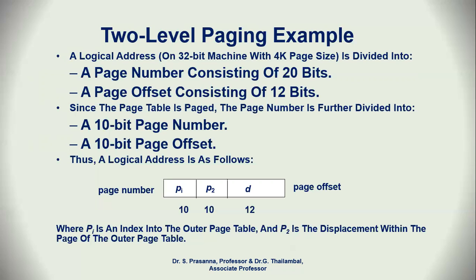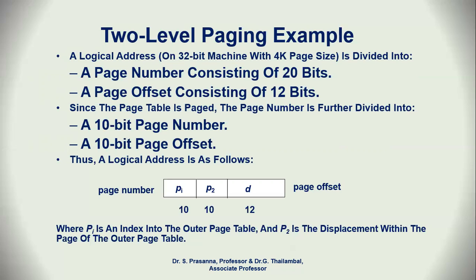Since the page number is further divided into a 10-bit page number and a 10-bit page offset, even if you want totally 20 bits, or only 10 bits of the page number, that is one division. Instead of two levels, you are going to have one level, and then you can use only one page number of 10 bits and 10 bits of page offset, where P1 is an index into the outer page table.